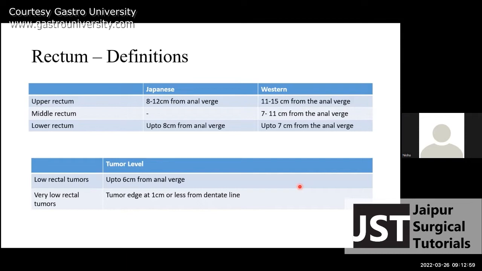Not so for the Japanese. No. Basically, there is now a concept of total elimination of radiotherapy. So for upper rectal tumors, you can do without radiotherapy and do just chemotherapy.